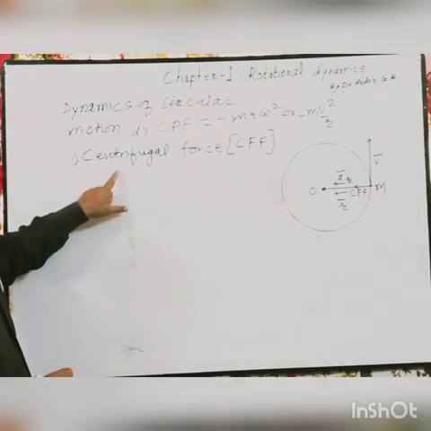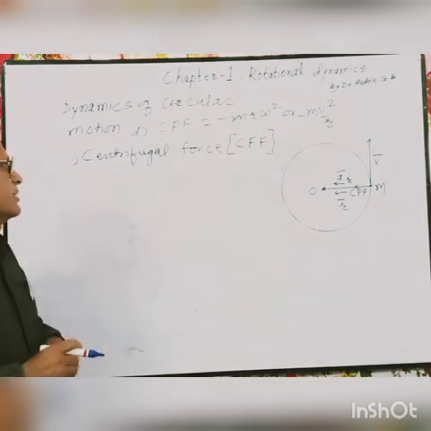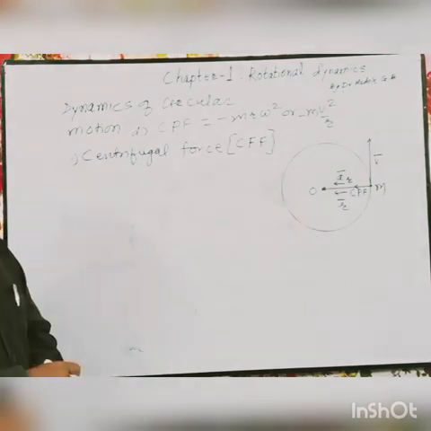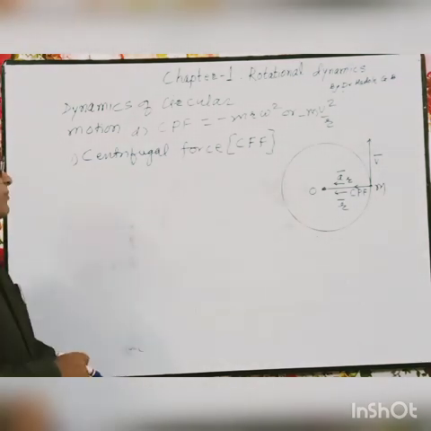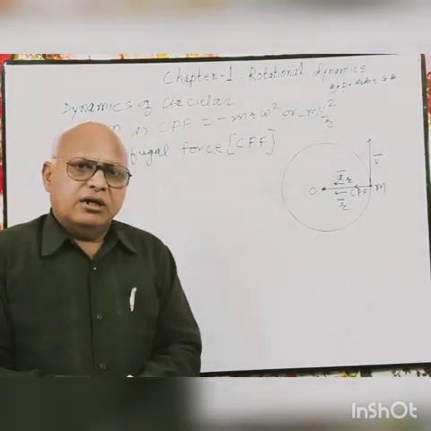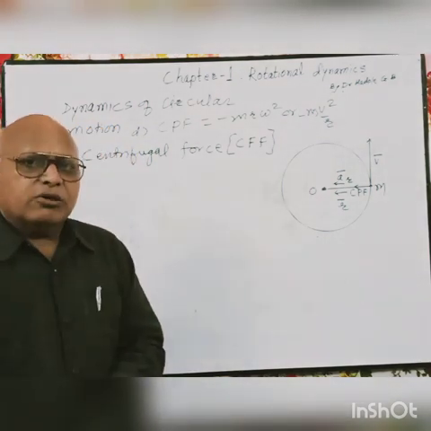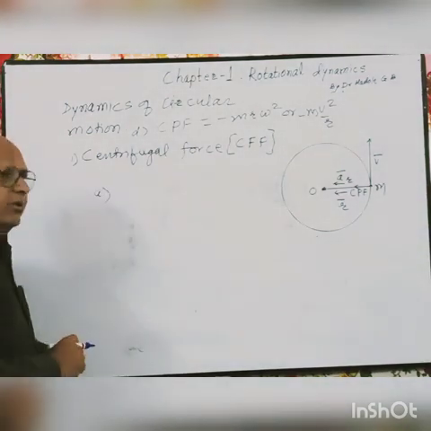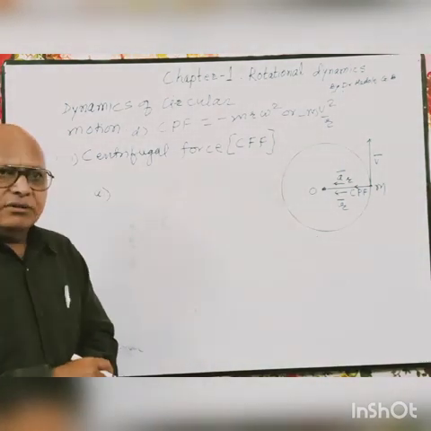Now, let us see some properties of the centrifugal force. The first property is its definition. Again, I repeat, the force which is directed along the radius away from the center of the circle is called a centrifugal force. And there are certain properties for this centrifugal force.